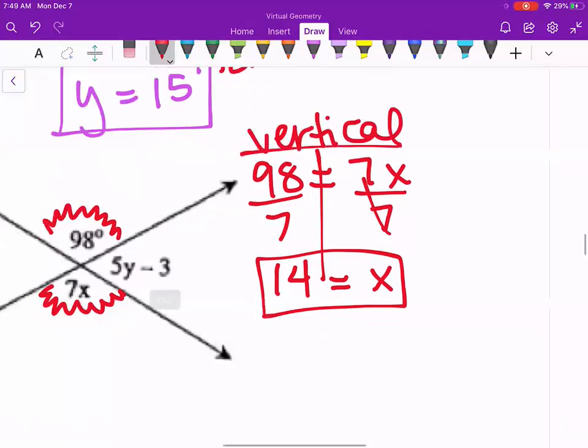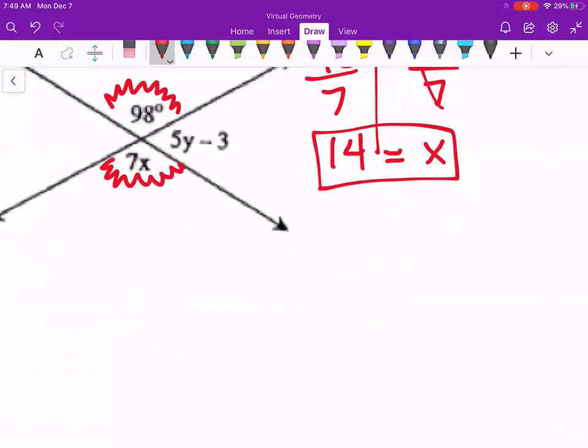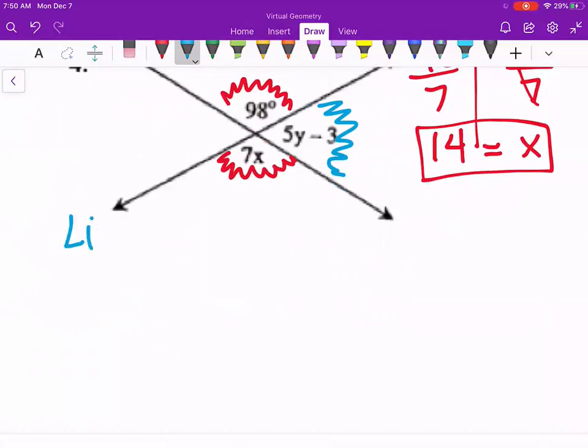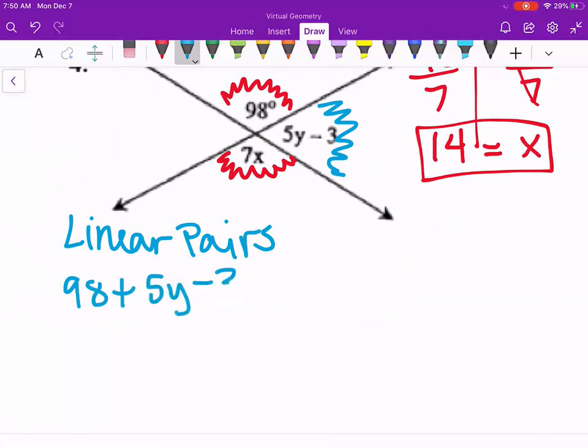Now we can get your y. Because 98 and 5y minus 3 are linear pairs. So 98 plus 5y minus 3 have to make 180.